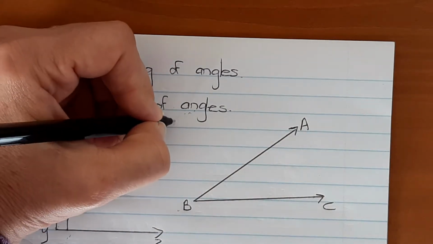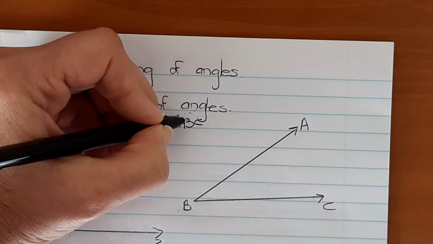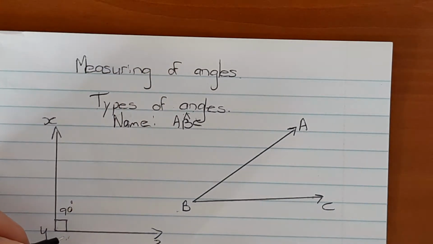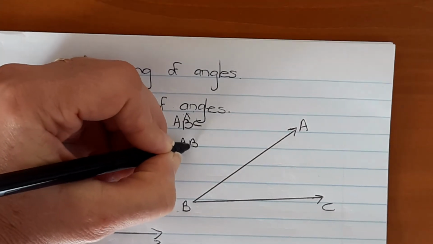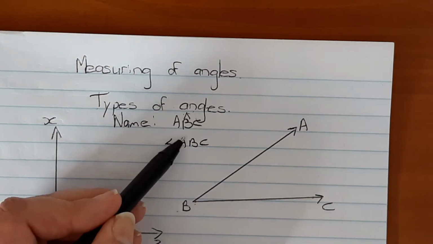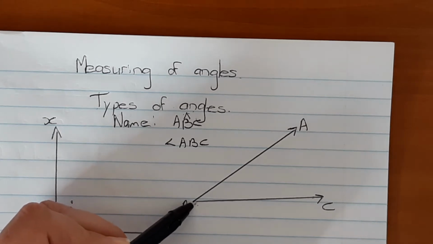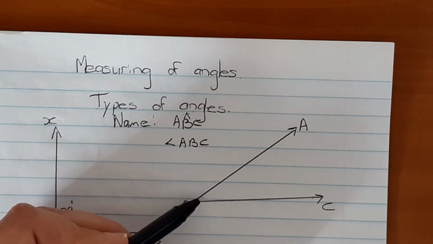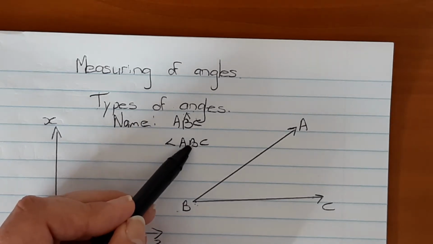So it will be angle ABC, and then it has that little hoodie up there. Sometimes it is typed in a book as angle ABC, but the letter that's in the middle is the vertex. That's the one that they're talking about. So when you get a triangle or something and you don't know which angle they're talking about, it will be the letter that's in the middle.